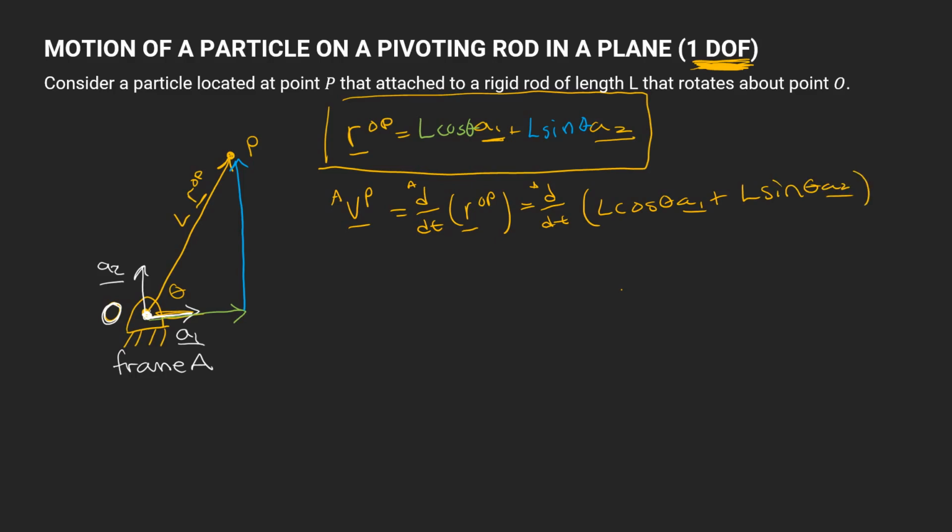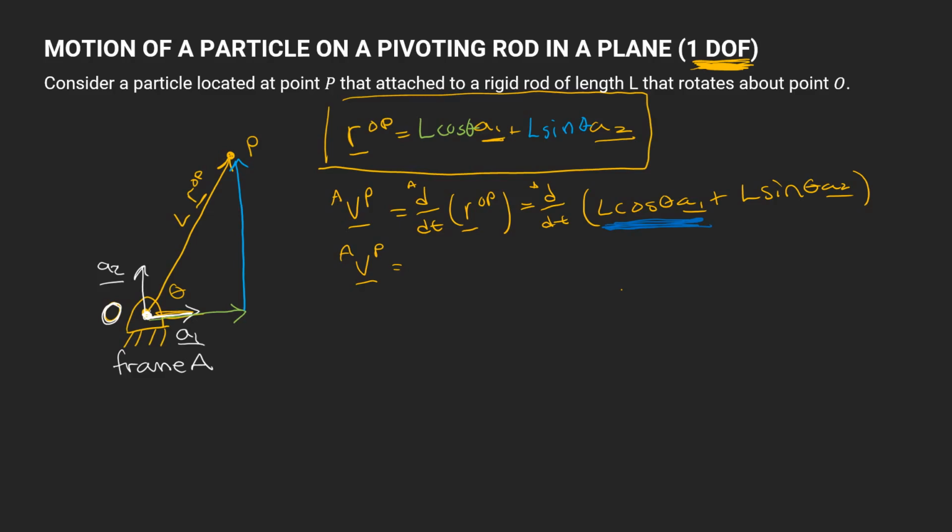Okay, so let's take this time derivative, and as you'll see, it's actually not quite as bad as if this particle was allowed to freely move. At least the math or the algebra is a bit simpler. So let's just look at this first term here.